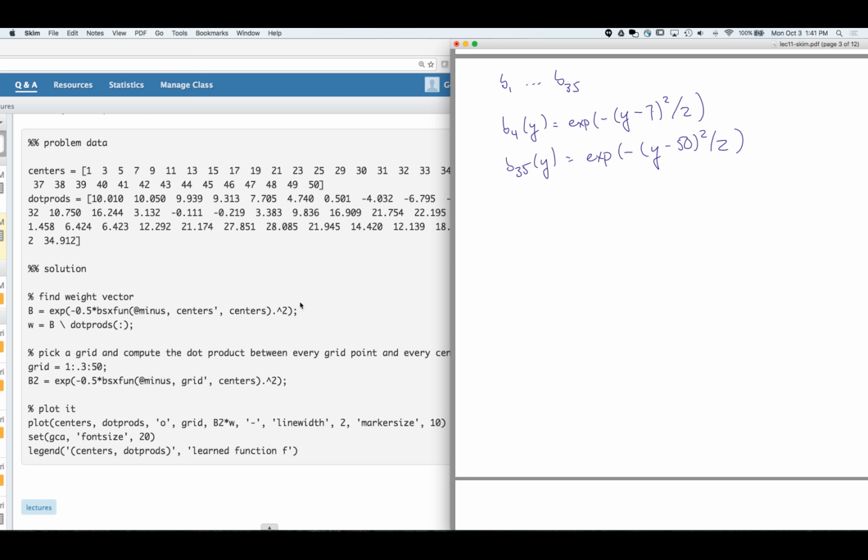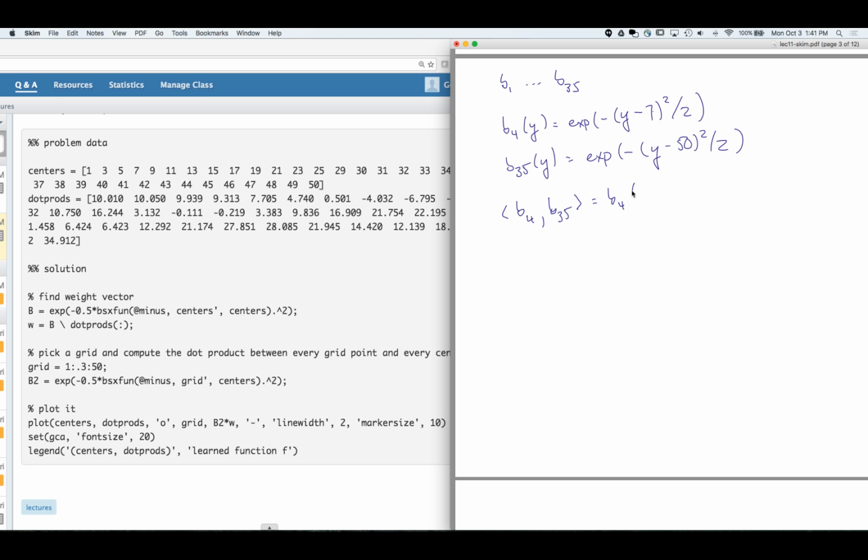Okay, and so if we wanted the inner product between these two, we would say that the inner product between B4 and B35 is B4 evaluated at the center of B35.